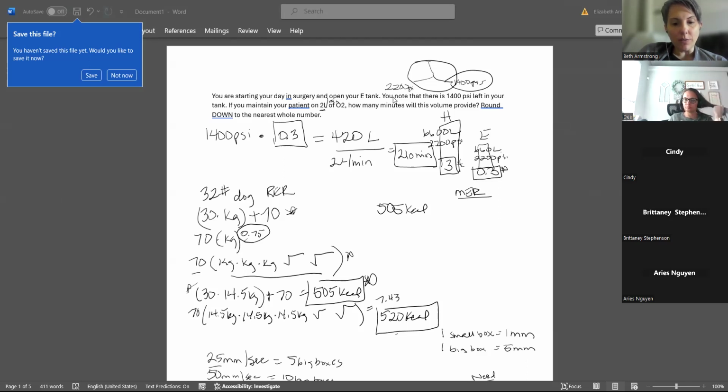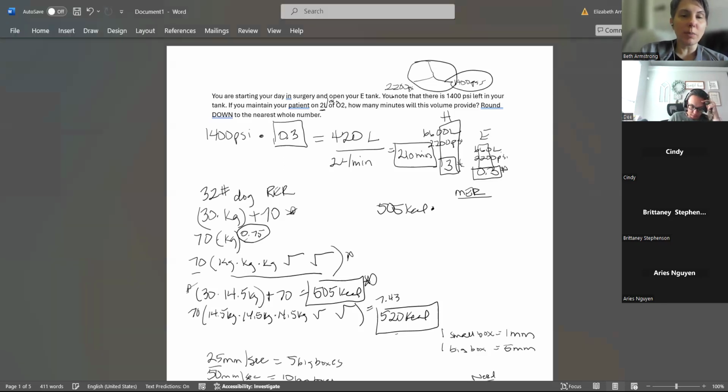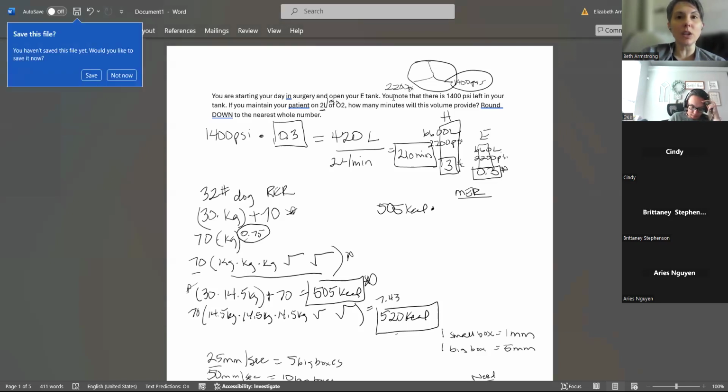If we have a neutered pet versus an active dog versus an inactive dog or weight loss or working dog, we are going to multiply it by those types of things. So in this case for a pregnant animal, it also depends on how active that dog is. So we're going to multiply by 3 to 4.